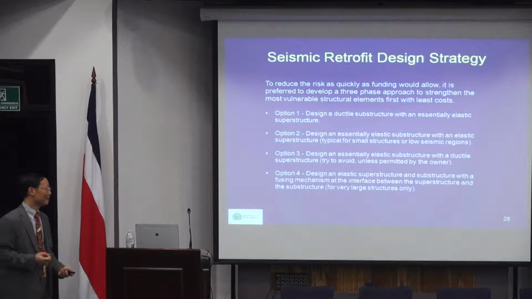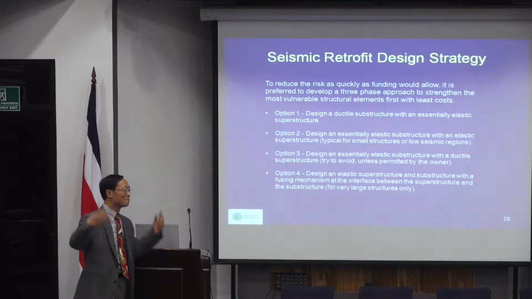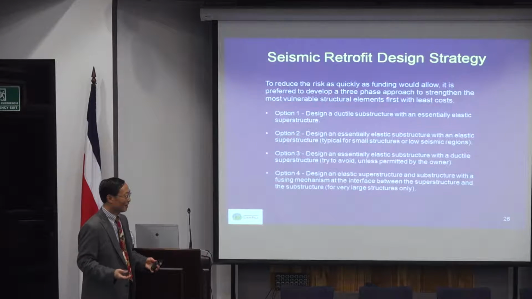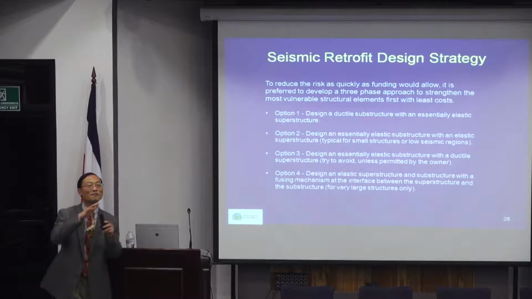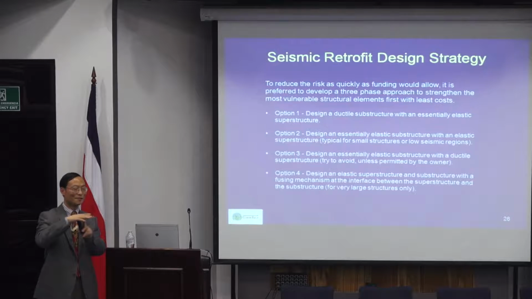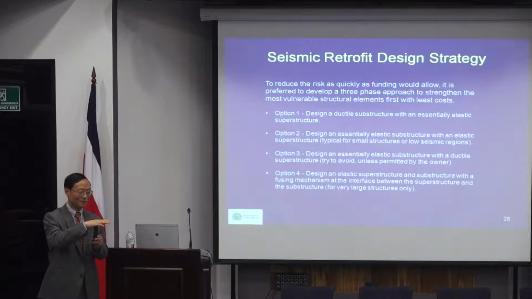For example, if we have a bridge superstructure on top, and I simplify, with only one fixed pier and a superstructure. I mentioned this briefly yesterday. When the earthquake comes, there will be a force because the superstructure has movement.